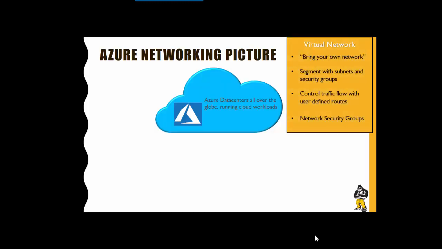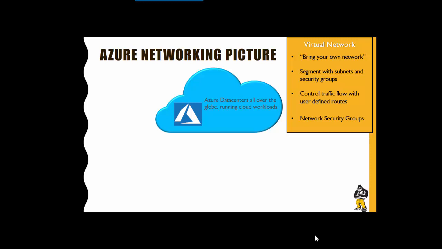Now, when we look at the Azure networking picture, it obviously starts from the Azure data centers. So all Azure networking features that I'm going to talk about are available in the different Azure data centers all over the world. The core networking starts from a virtual network.